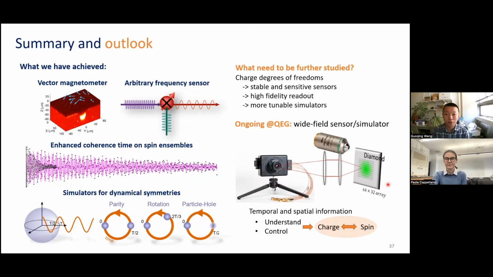Yes. So I have introduced that we have both electronic spin and nuclear spin in this NV center. Usually electronic spin is more used in typical sensing applications, and nuclear spin is less used. Electronic spin is more used for sensing magnetic field because it has a larger gyromagnetic ratio, which gives larger coupling. However, the nuclear spin usually has a longer coherence time because it has smaller coupling to the external magnetic field, which also means smaller coupling to the noise field.